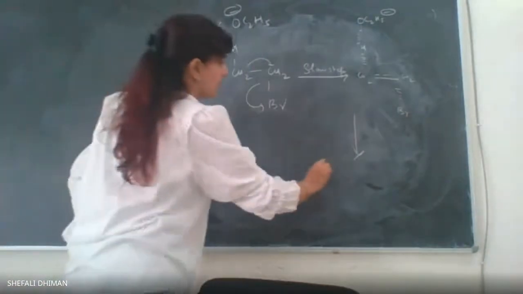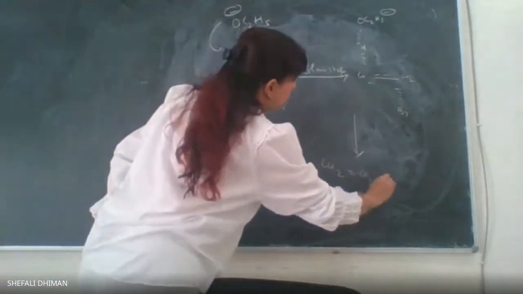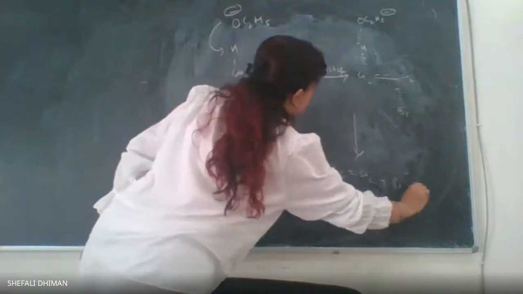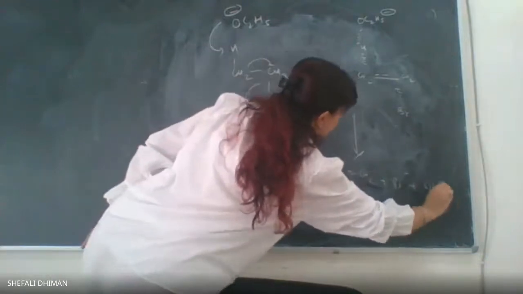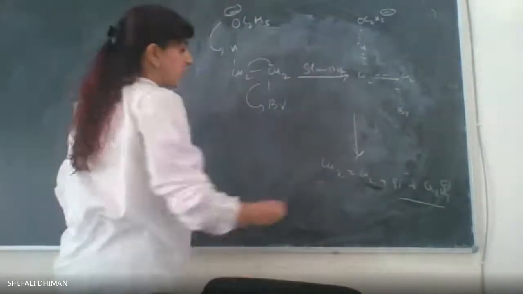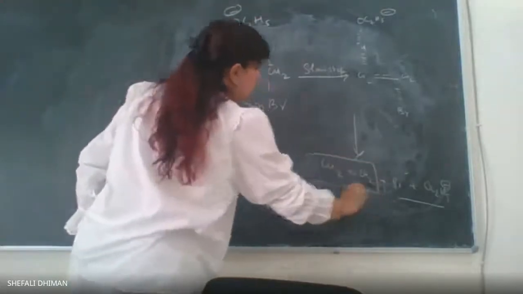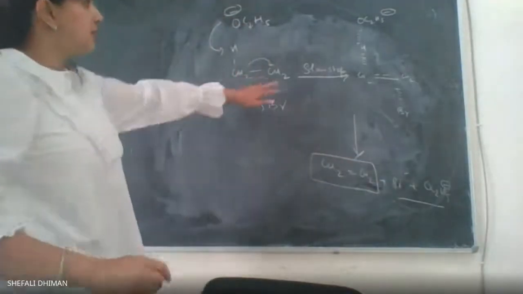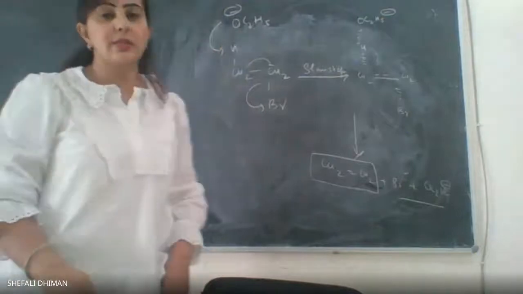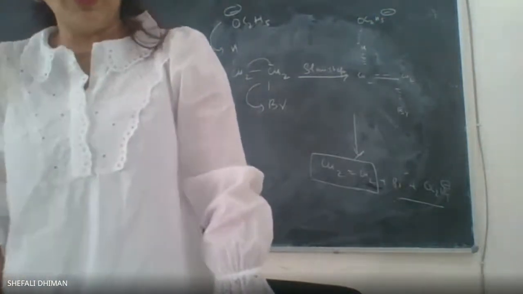And then the product is formed, plus the Br negative plus OC2H5 negative. So all these are the side products, but this is my major product. Now we say that this is the slow step of the reaction. So let us talk about the slow step of the reaction.